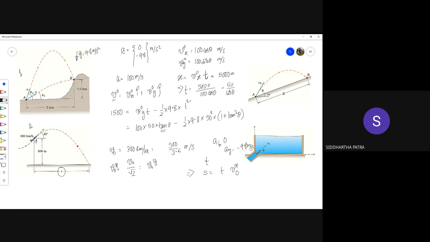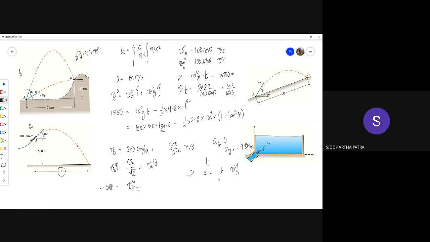So the package has to fall by 500 meters. Now the package, of course, initially rises by some height, but in the end it has to fall by 500 meters. So you can write it as minus 500. Starting from point A, it has to fall by 500 meters, so you write minus 500, then v0y times t.